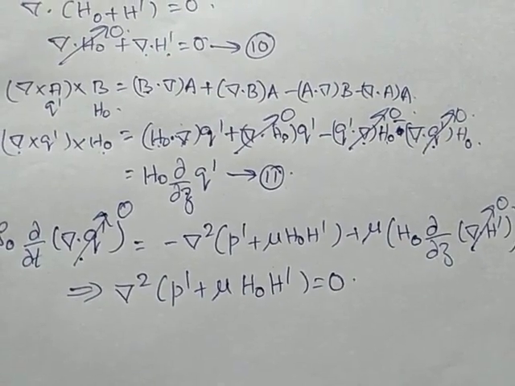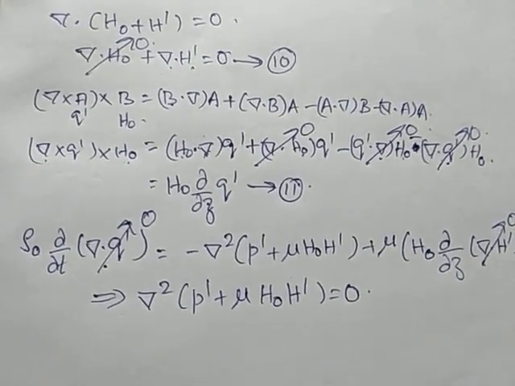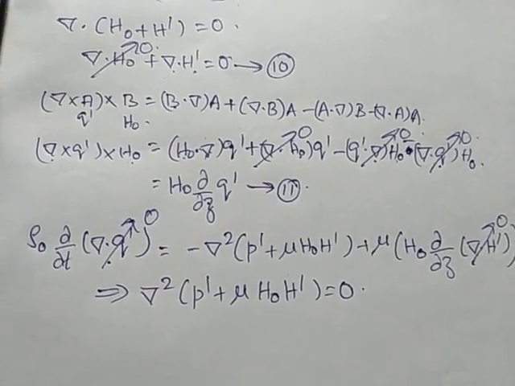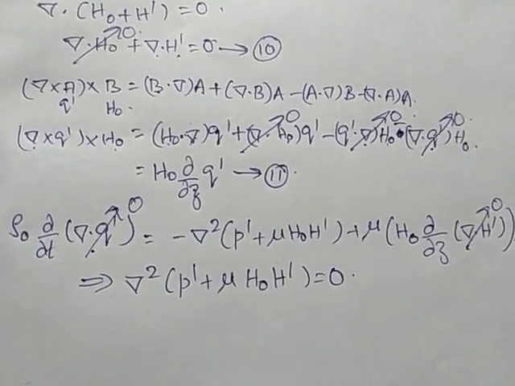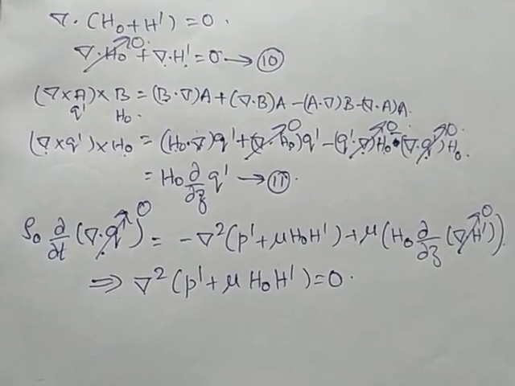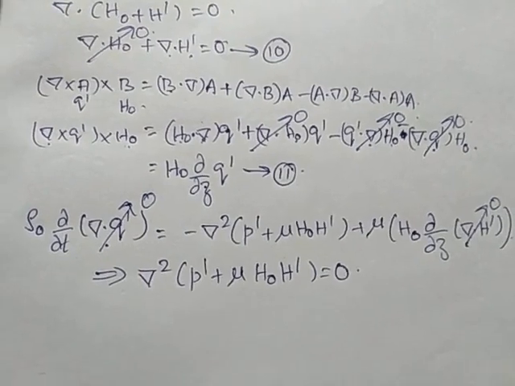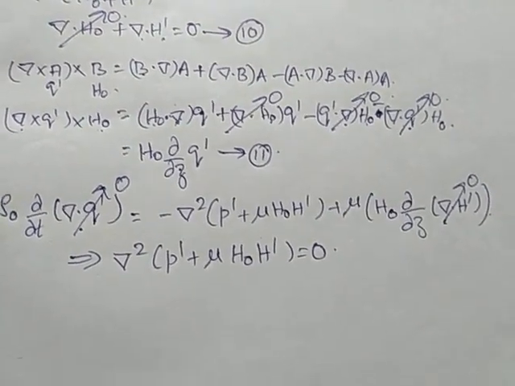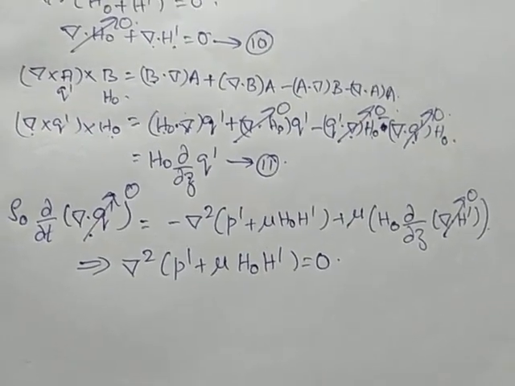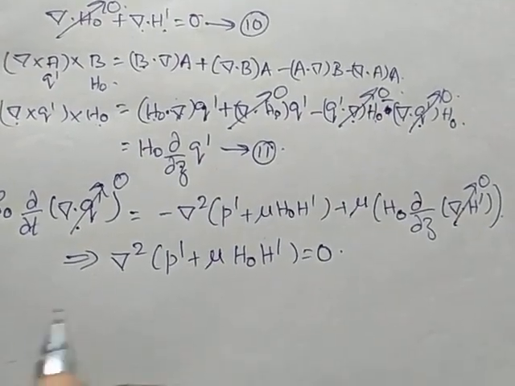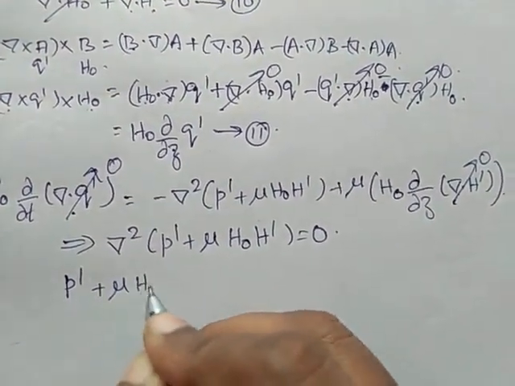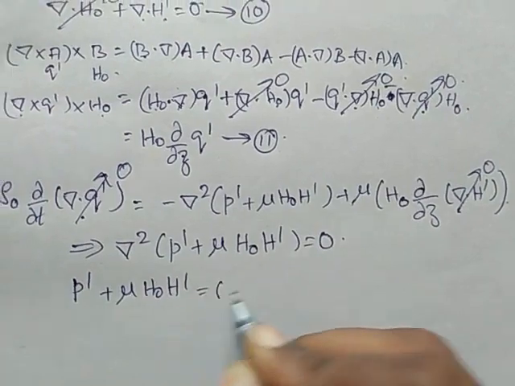Now we are considering the fluid flow to be infinitely long, in all directions. Therefore, the solution of this equation is generated at all points including infinity, and from this we get P' plus μH₀H' is equal to a constant.